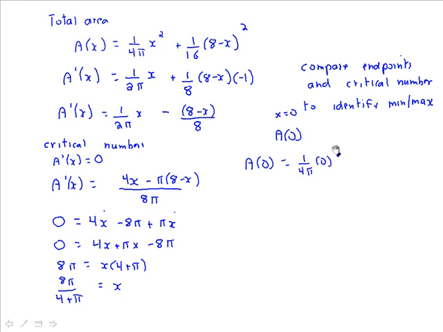So make sure you go into the equation before you differentiated it, plus 1 over 16 times 8 minus 0 squared. And then this is going to give you, well, that first term is 0, plus 64 over 16, well, that's 4. So A at 0 is equal to 4. So we file that away.